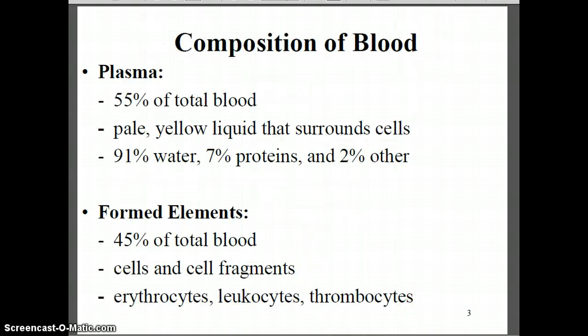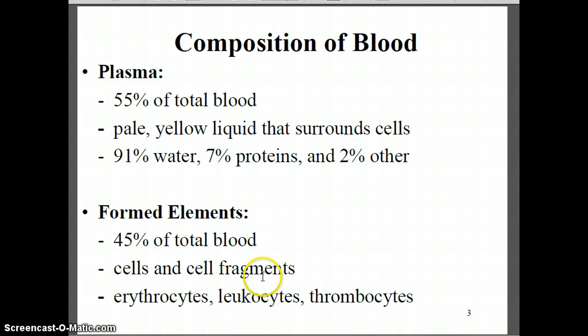This tells you the composition of blood. Plasma is 55% of the total volume, and this tells you the characteristics of the plasma and also the formed elements. What is contained in the formed elements are cells and cell fragments. The platelets are actually cell fragments.